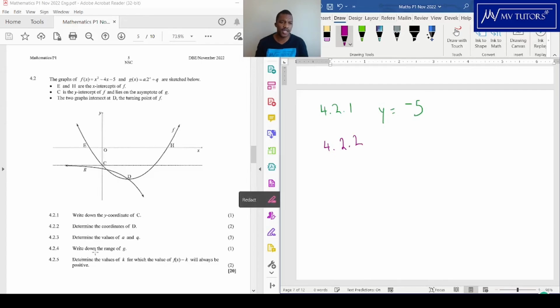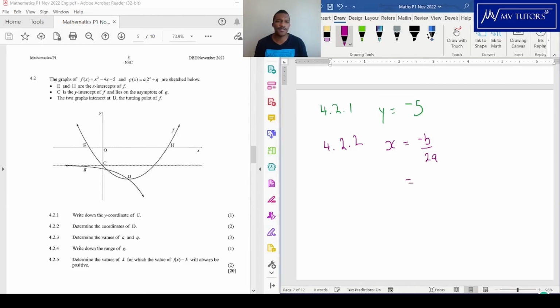Let's look at the next question, which will be 4.2.2. It says, determine the coordinates of D. Now, what do we know about D? The two graphs intersect at D, the turning point of f. So it's the turning point of f. And we know to get the turning point of a quadratic function, the x part is just -b over 2a.